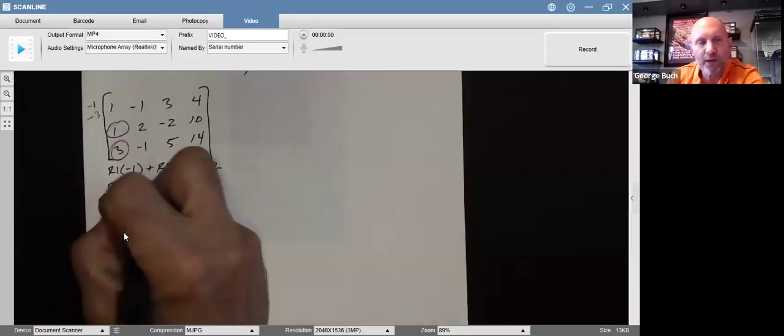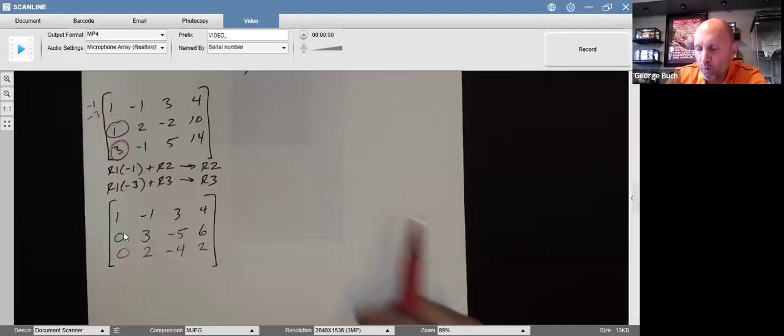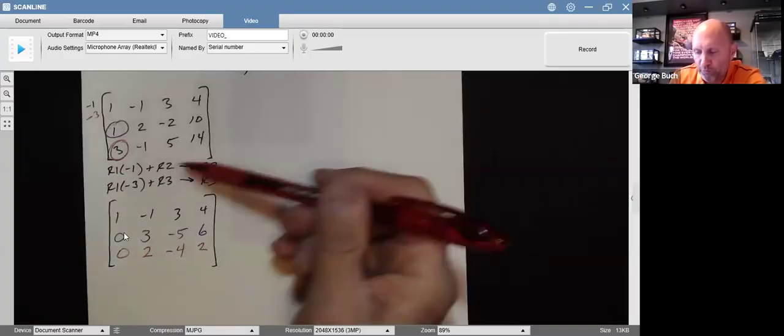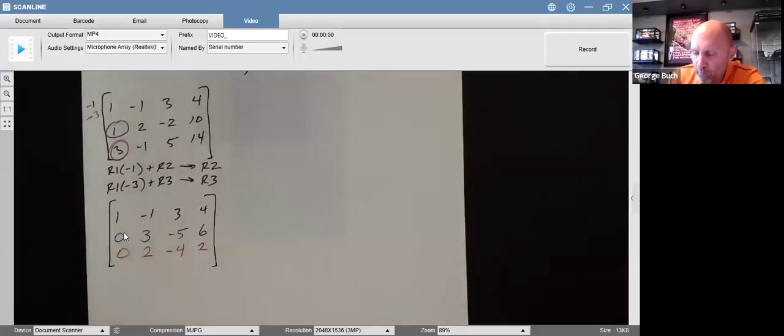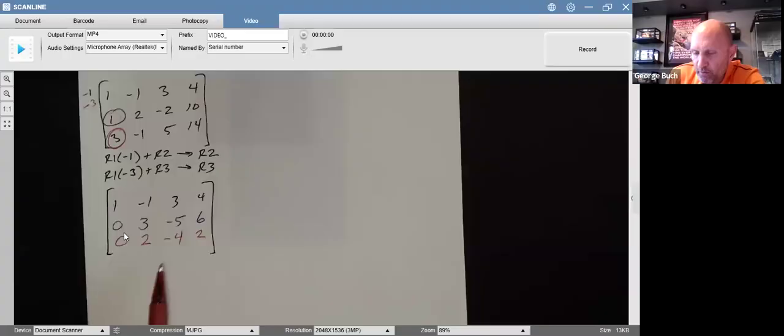So that's the first matrix I get from row 1 on row 2, row 1 on row 3. Now, I want to use row 2 with row 3 to try to get another 0, but you can see these numbers aren't very nice. I could do 3 times negative 2/3, but then I get a big mess over here.